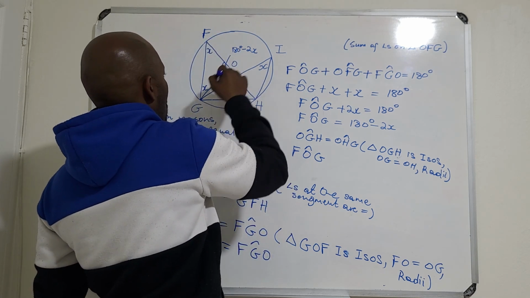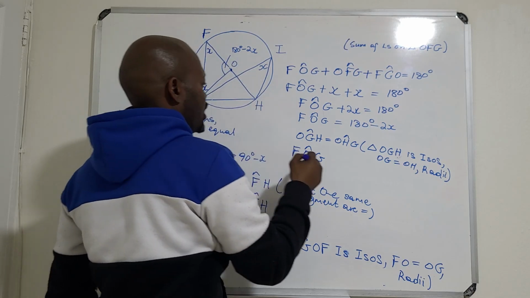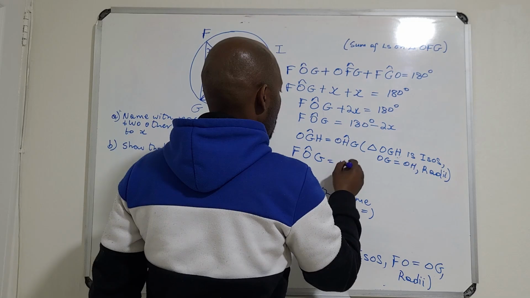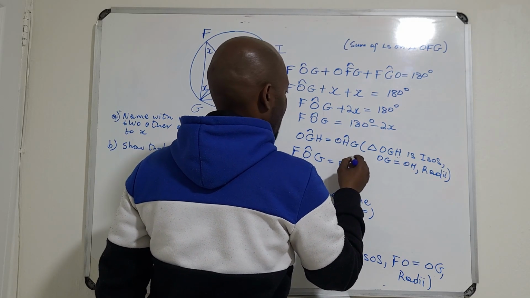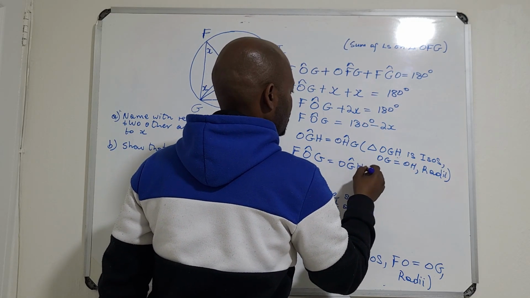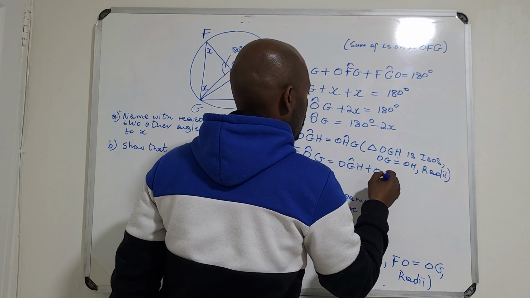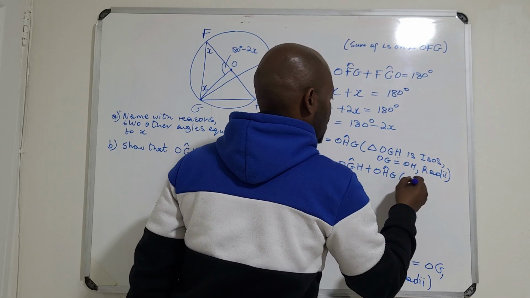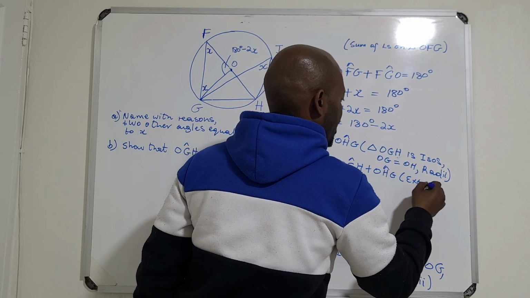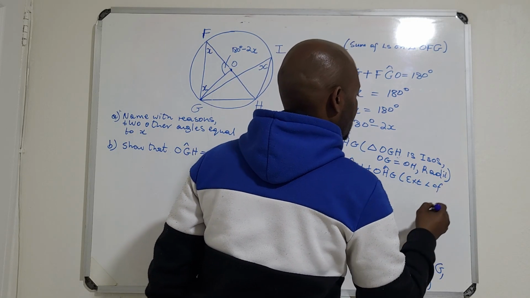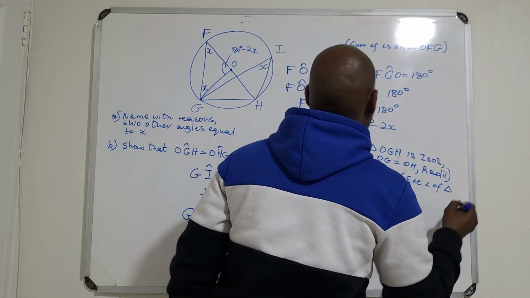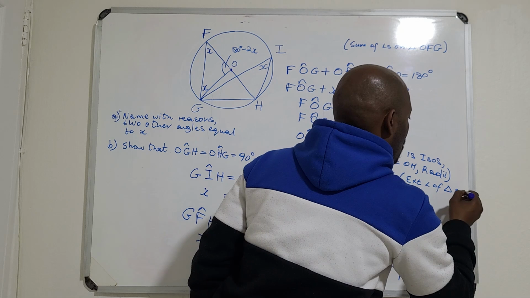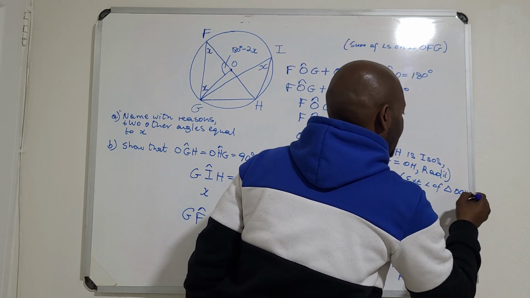Therefore, angle FOG, which is this angle, is equal to angle OGH plus angle OHG. Reason: exterior angle of a triangle. Which triangle is that? OGH.